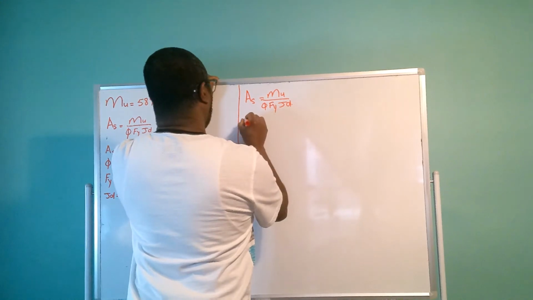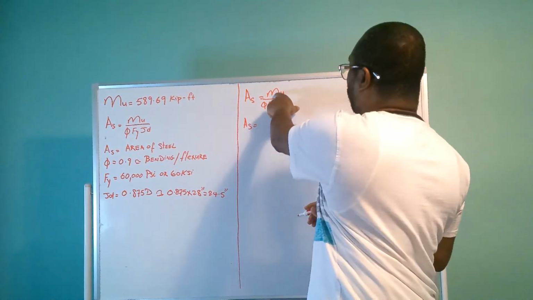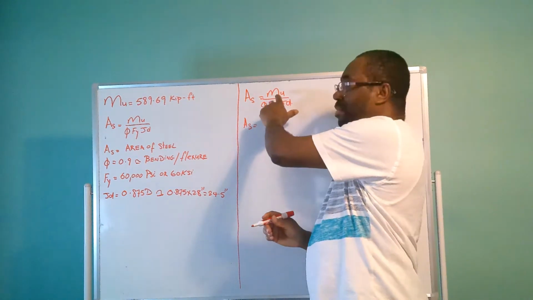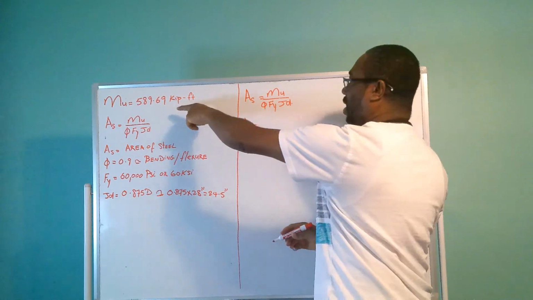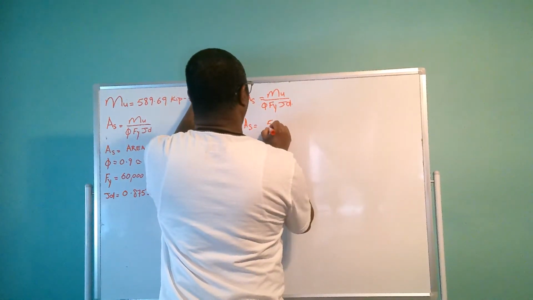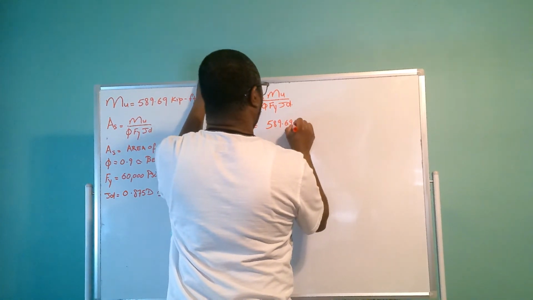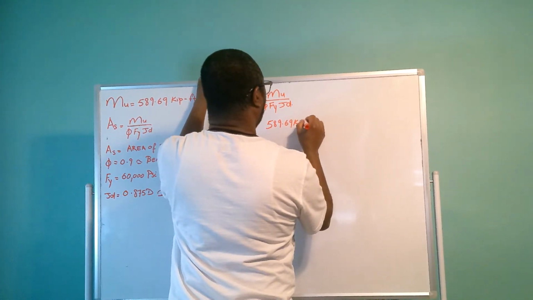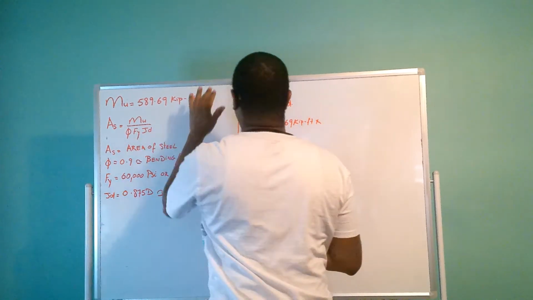So the area of steel is going to equal Mu, which is our moment, or maximum bending moment, which is going to be 589.69 kip-foot.